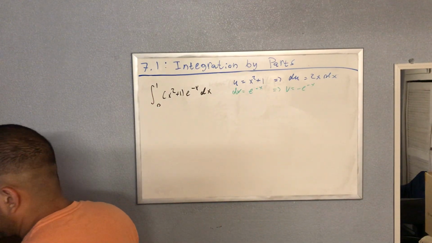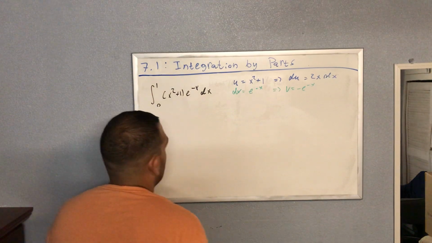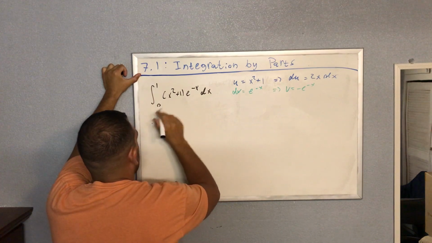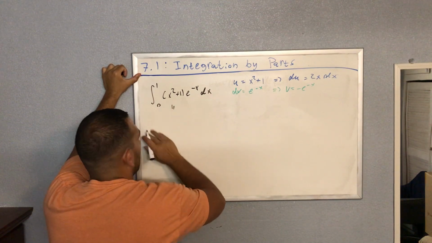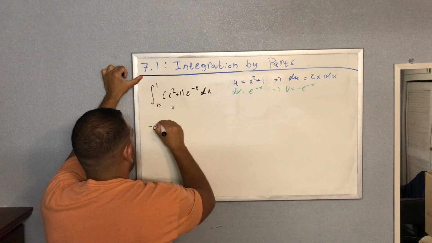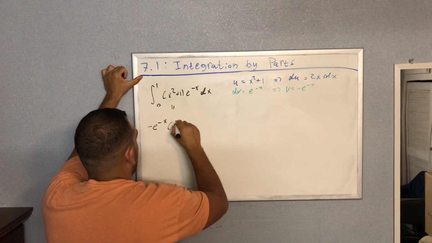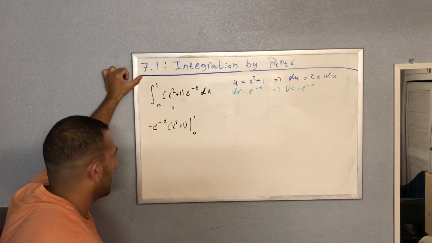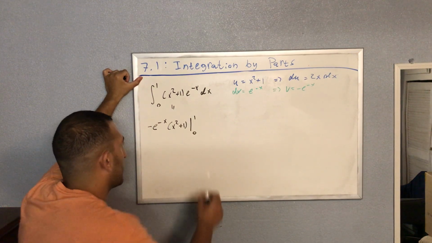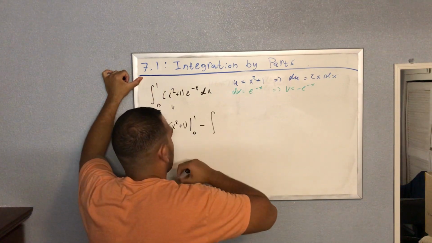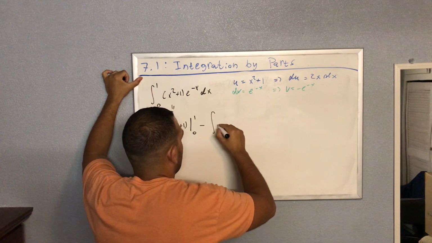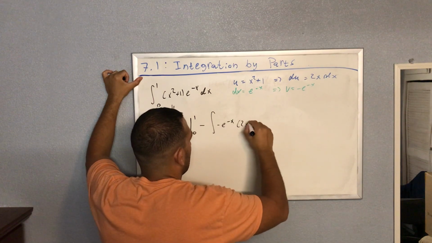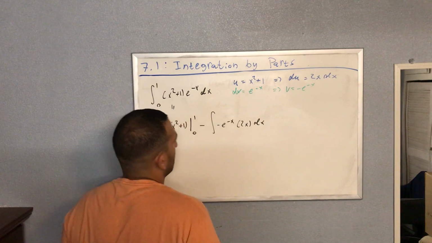Okay, so according to the integration by parts formula, I take u times v, so this becomes equal to negative e to the negative x times x squared plus 1, evaluated from 0 to 1, minus the integral of v, negative e to the negative x, times du, so times 2x dx.